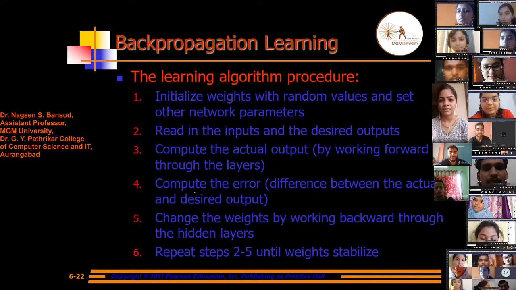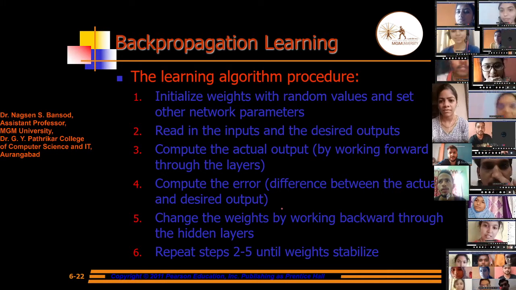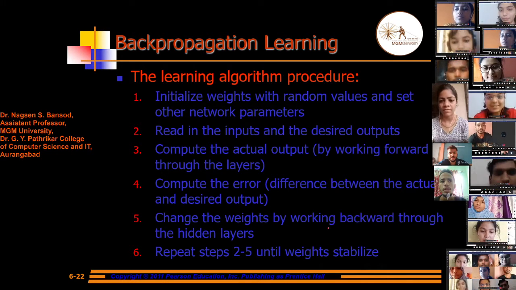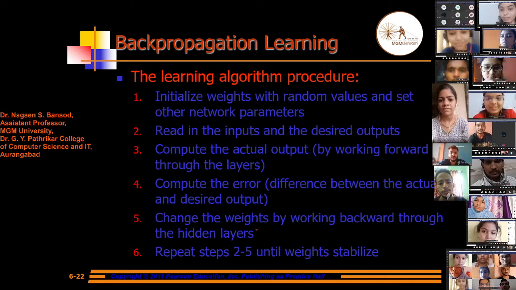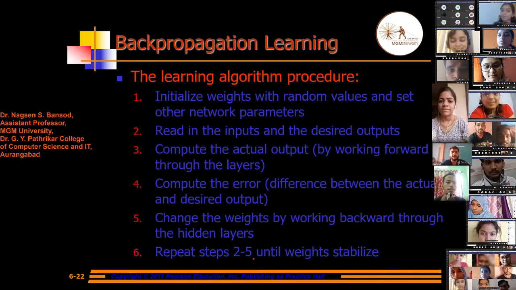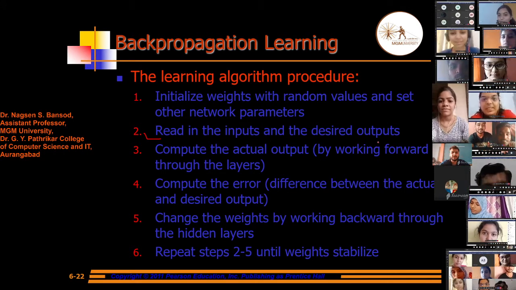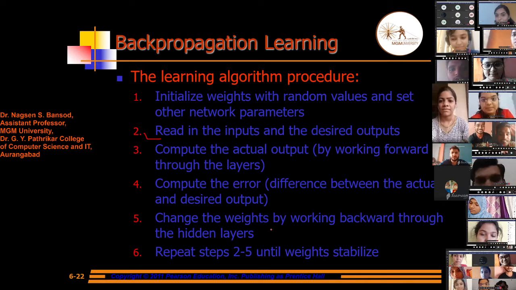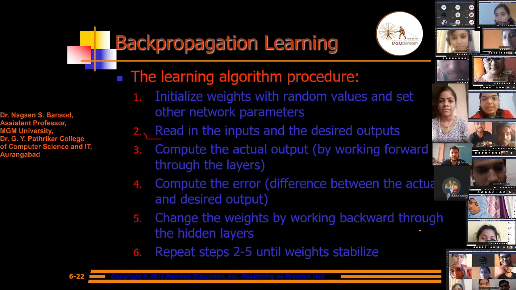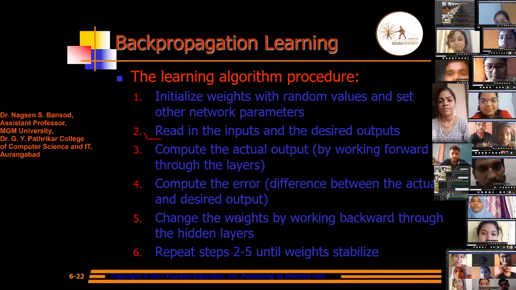Again compute the error difference between the actual and desired output. Change the weights by working backward through the hidden layer and repeat steps 2 and 5, that is, read the input and desired output and change the weights by working backward through the hidden layer.